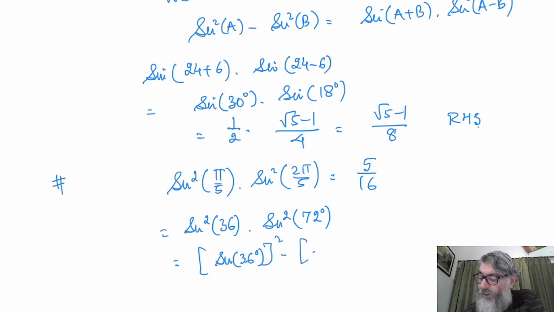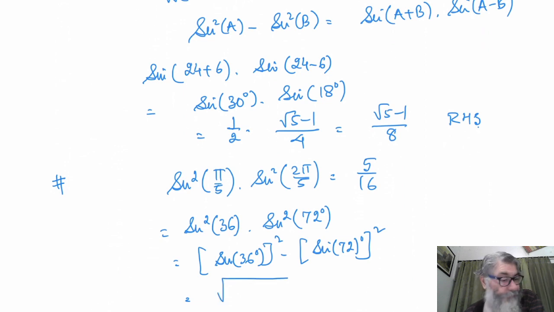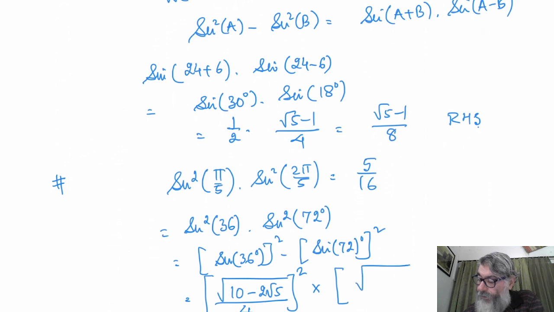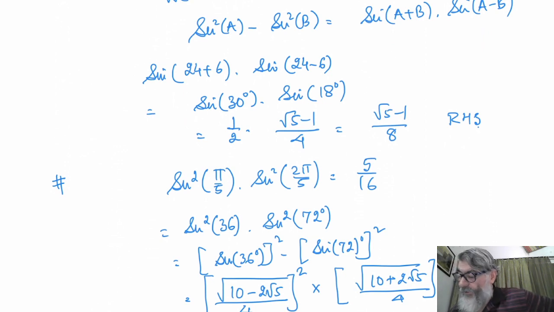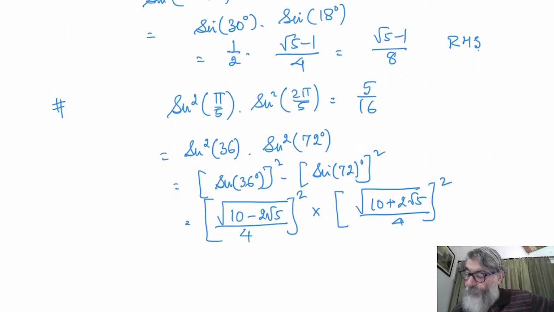Similarly, sine 72 whole square. Sine 36 value is root 5 minus 1 upon 4. No. Sine 36 is root 10 minus 2 root 5 upon 4 whole square, and into root 10 plus 2 root 5 upon 4 whole square, sine 36 and sine 72.